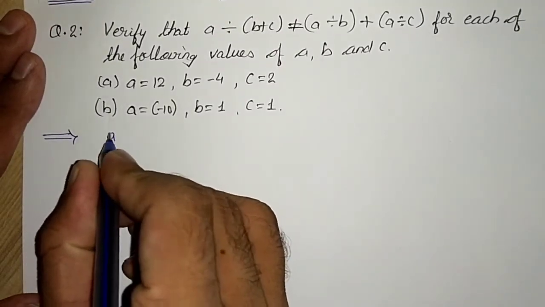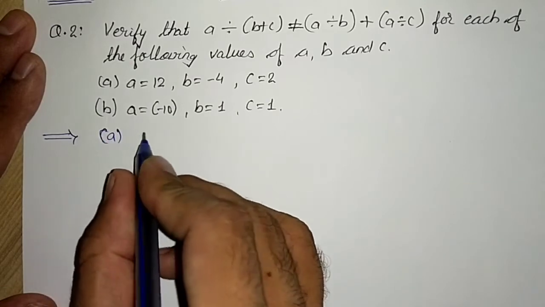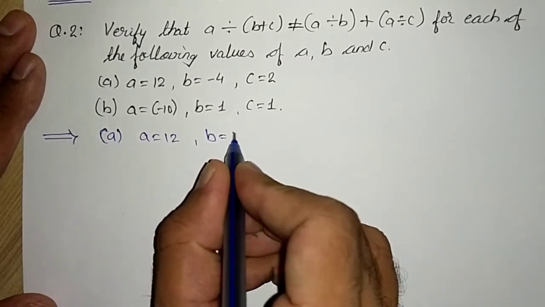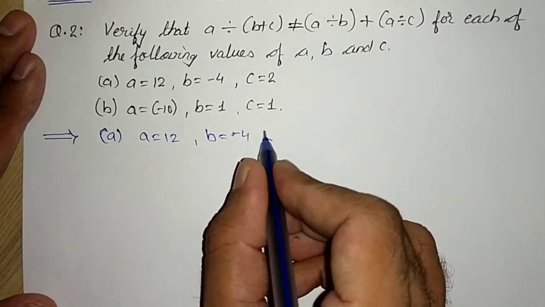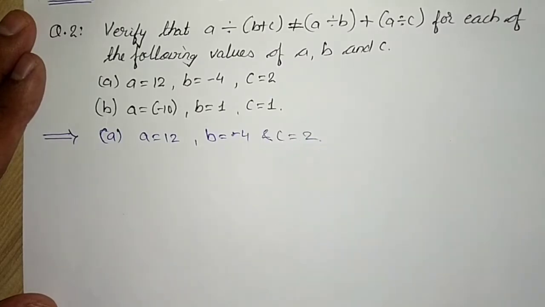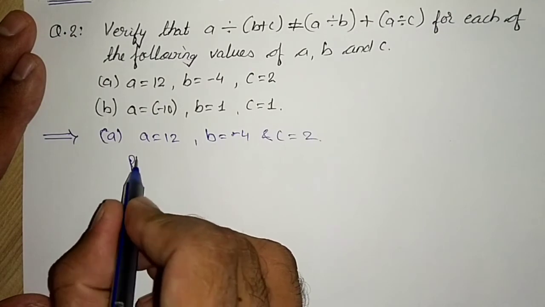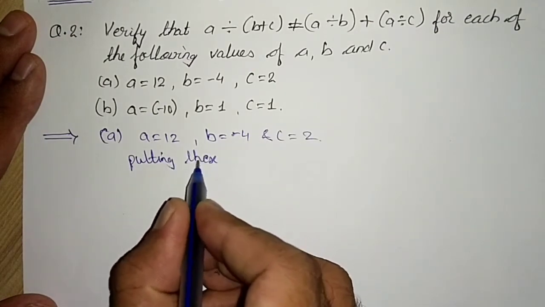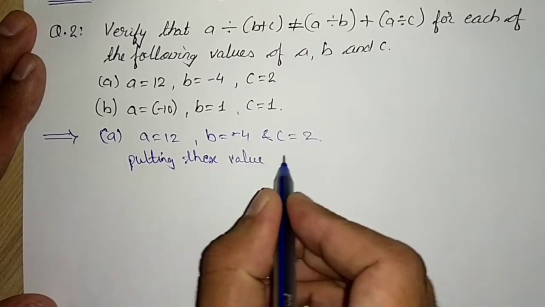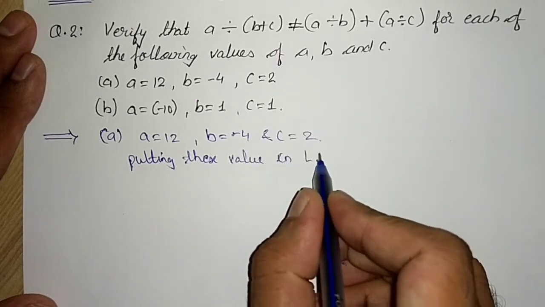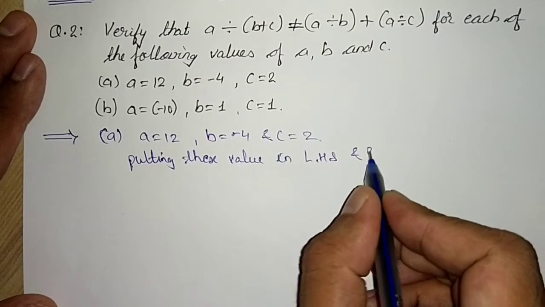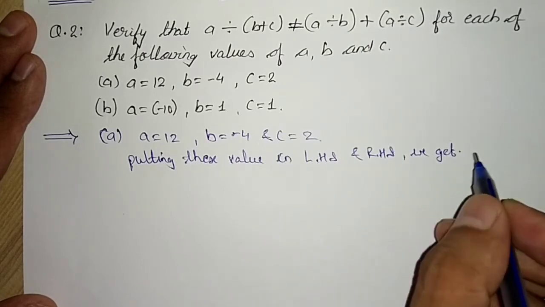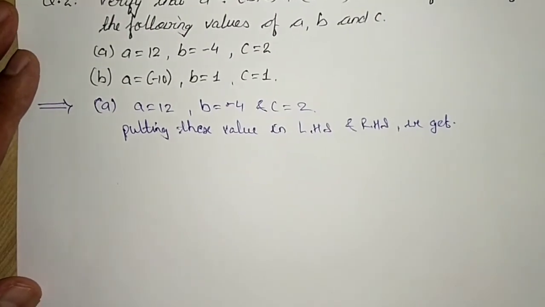First is part A: a is equal to 12, b is equal to -4 and c is equal to 2. Putting these values in LHS and RHS, let us solve what we get.